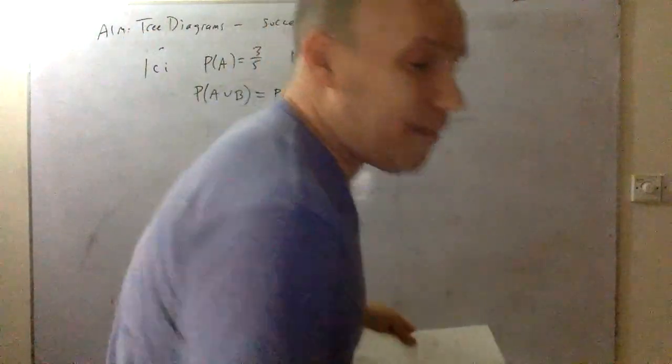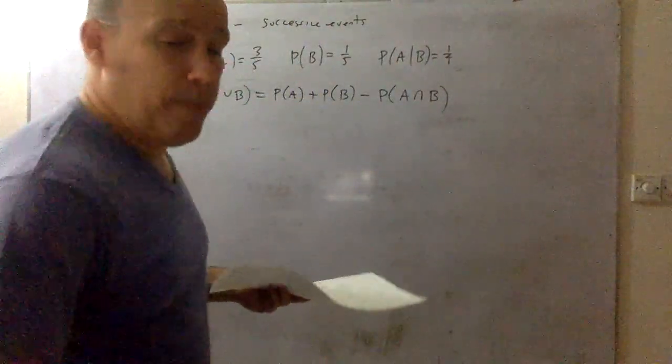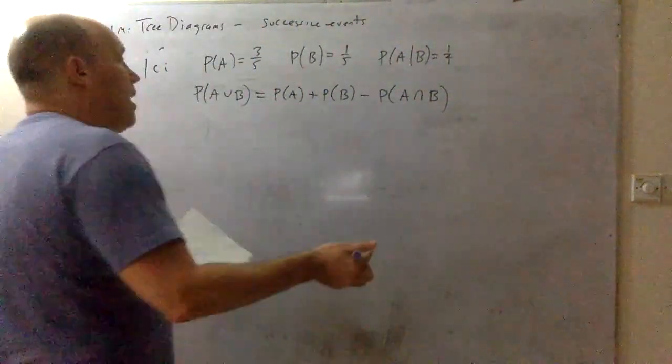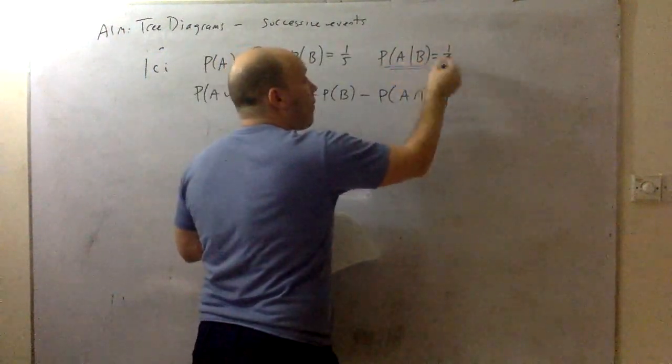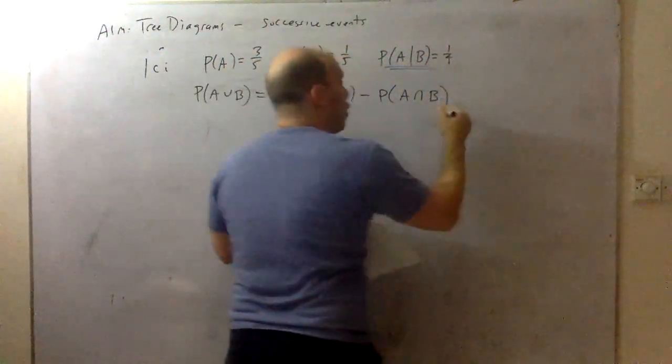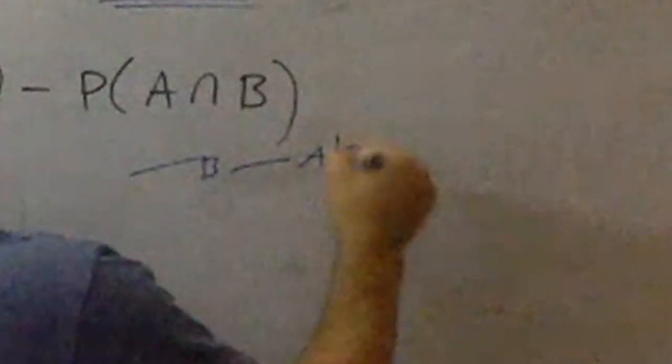So what's going on? We have the probability of A and we have the probability of B. What's the probability of A given B? Well, we know that B happened first, so there's a B, and then A given B. We know the probability of B is 1/5 and the probability of A given B is 1/4.